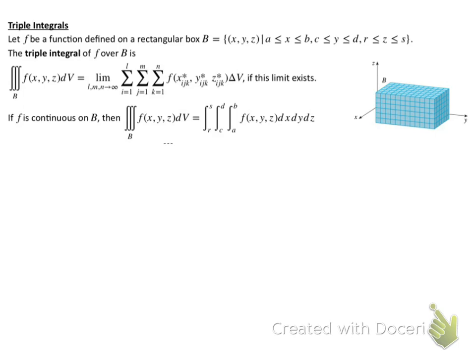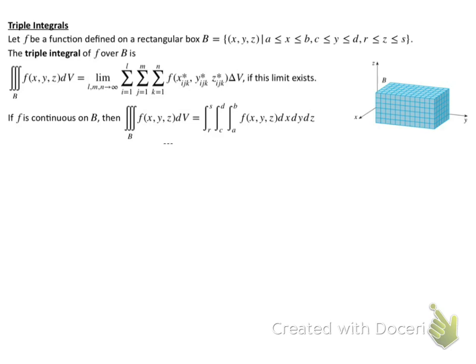Along the length, the width, and the height, you divide each side into L, M, and N equal pieces. So the whole big box becomes L times M times N equal small boxes. Then L, M, and N all go to infinity, which means each small box gets smaller and smaller.